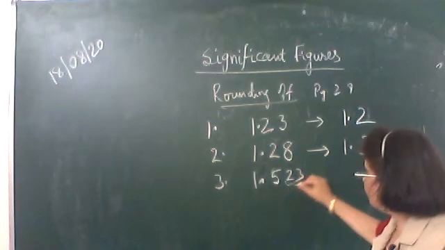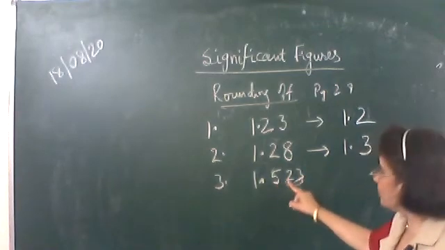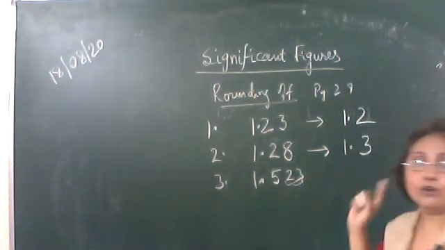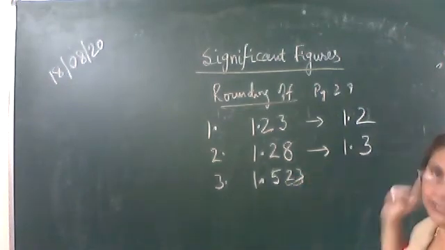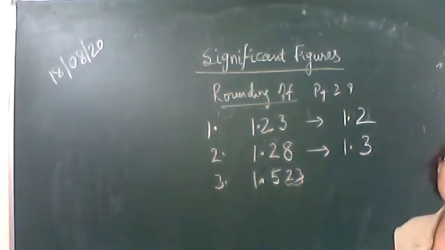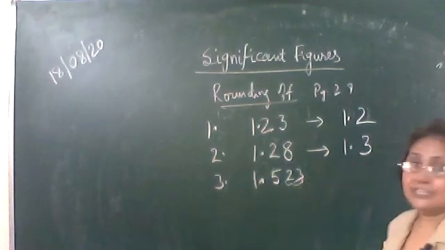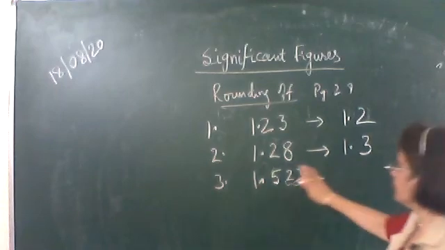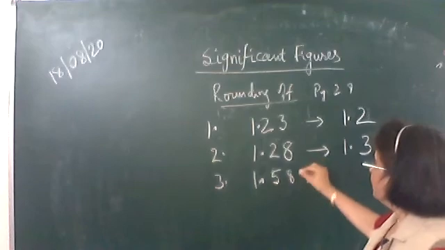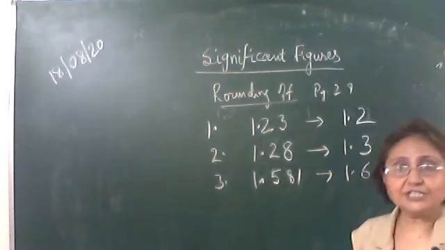So we have to drop these last two digits. Since the digits to be dropped are 5 followed by a non-zero digit, the preceding digit will be raised by 1. So 1.581 will be raised to 1.6.